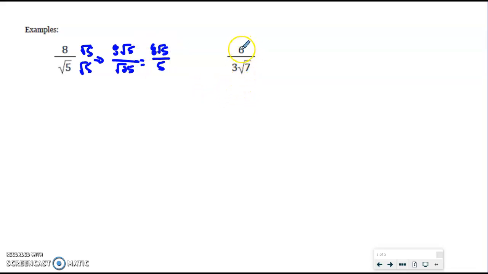Like if I look at 6 divided by 3 square root of 7, I want to get rid of that square root of 7. So I'm going to multiply both the top and bottom by the square root of 7. I end up with 6 square root of 7 over 3 times the square root of 49. Some of you might notice, why do I have to do that if I know that that's just 7?